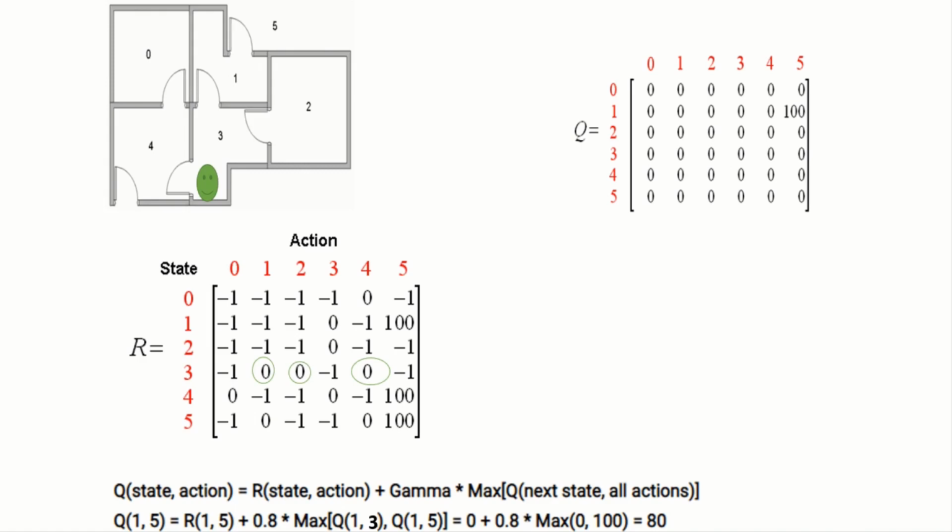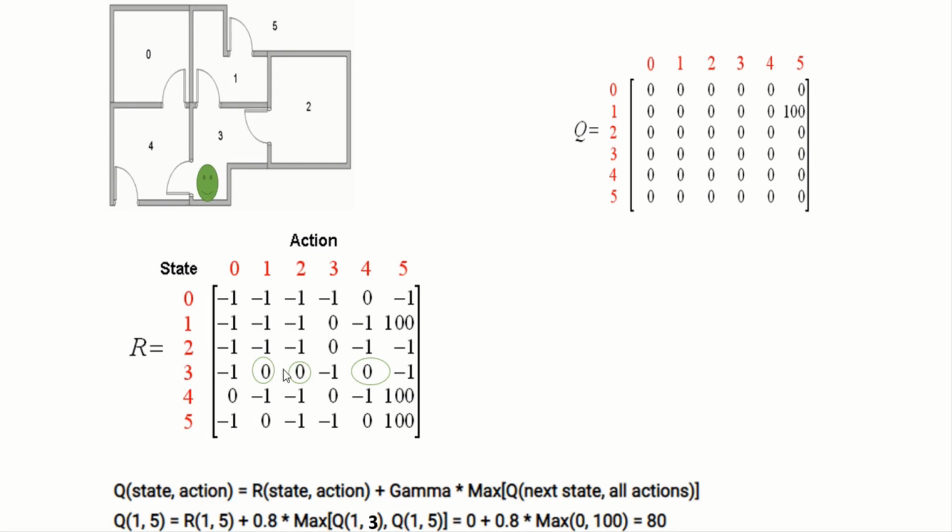Already we have seen that in episode 1 it learned that if it is at room number 1, it can move to room number 5 directly. So if it has moved from 3 to 1, then its reward will be 0, as the reward from room 1 to 5 is 0. Then the discount value is 0.8.